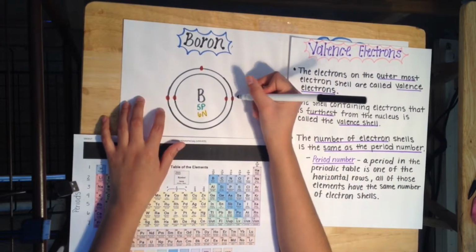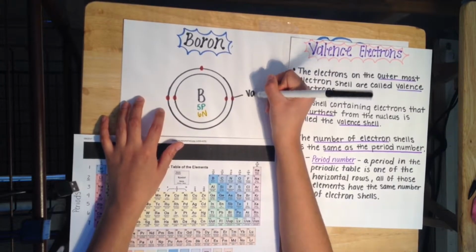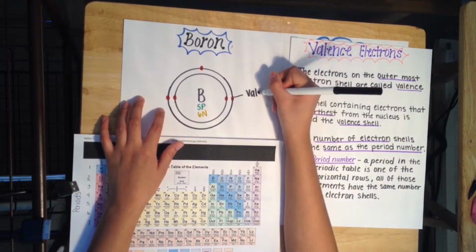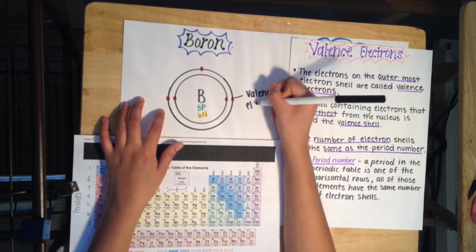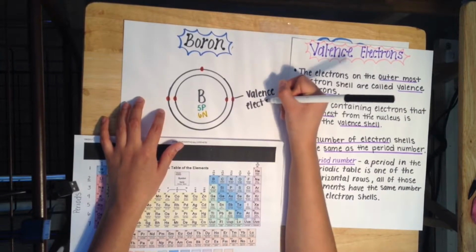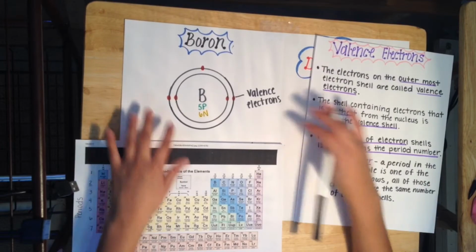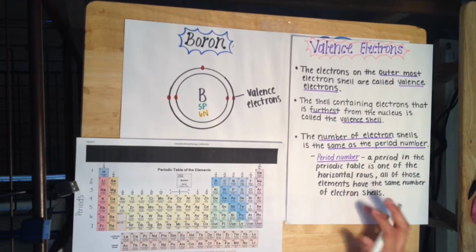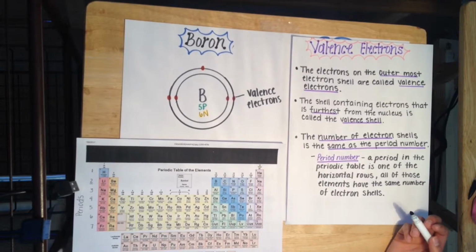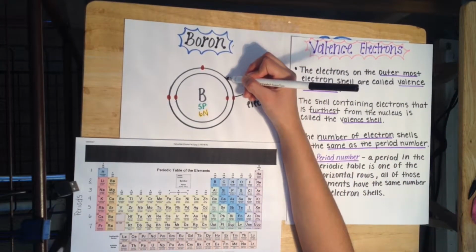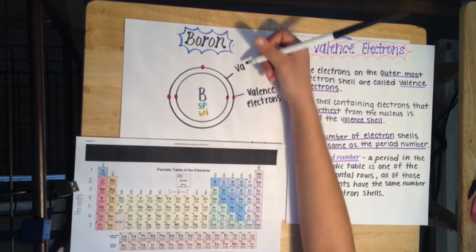So now, the shell containing electrons that is furthest from the nucleus is called a valence shell. So the shell that holds the valence electrons is called the valence shell.